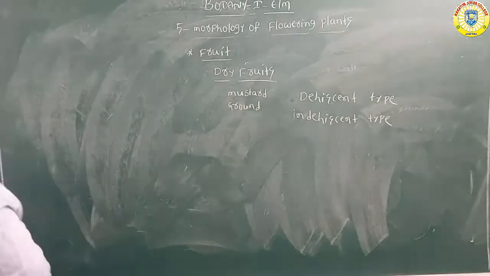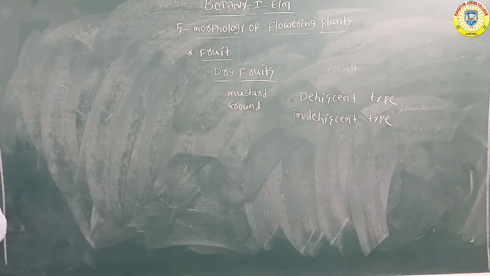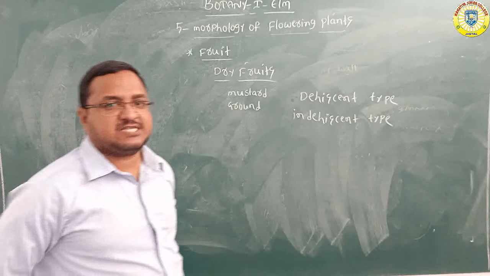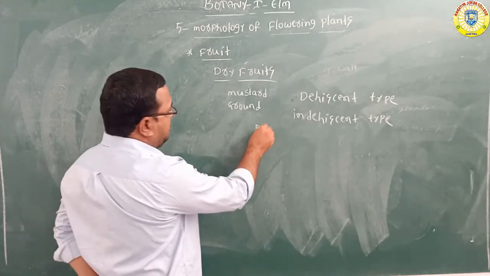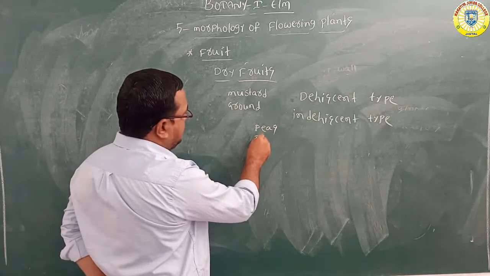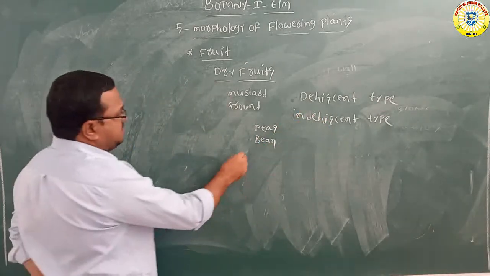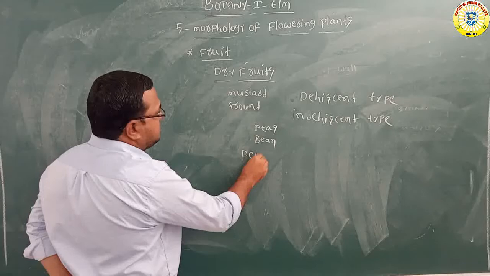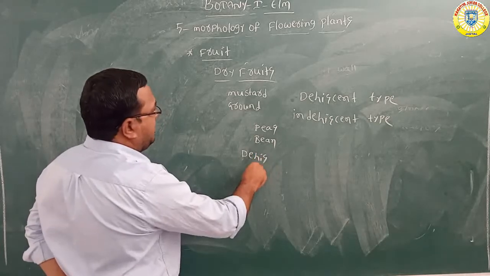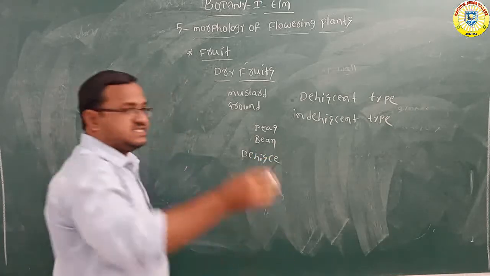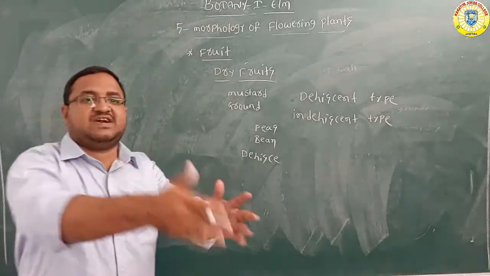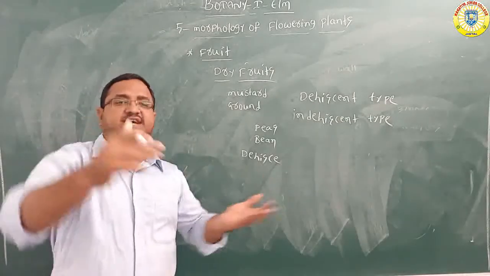Okay, so here especially the fruits of peas and beans dehisce dorsiventrally. Dehisce means break up dorsiventrally and release the seeds.